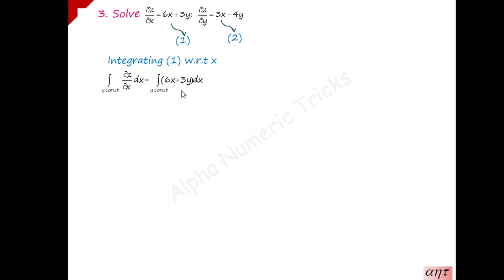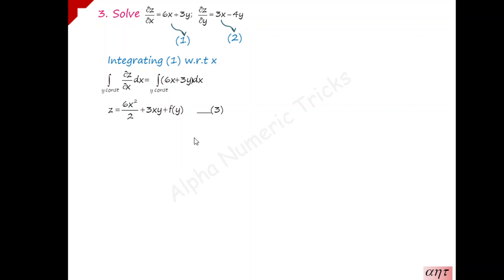So again integrating this, z is equal to 6x squared by 2 plus 3y into integration of dx is x, plus the constant of integration, f of the variable which we kept constant, y, so f of y is the constant of integration.